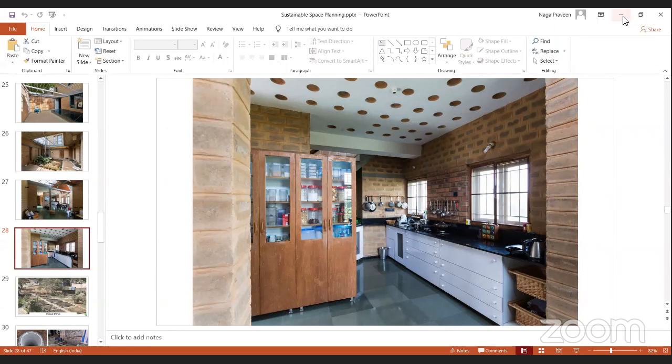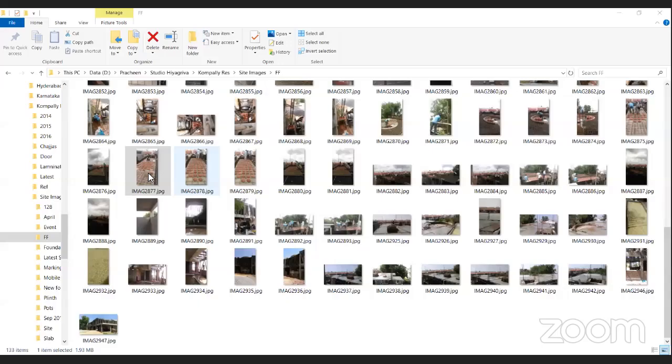The same picture is there, sir. One second. Ma'am, is the screen visible? Can you see these pictures?